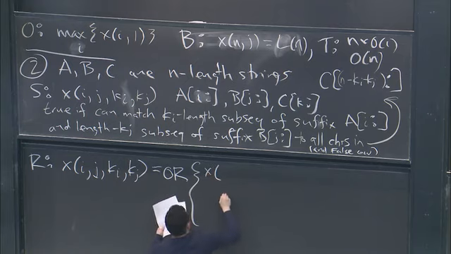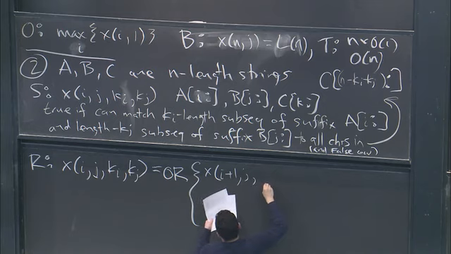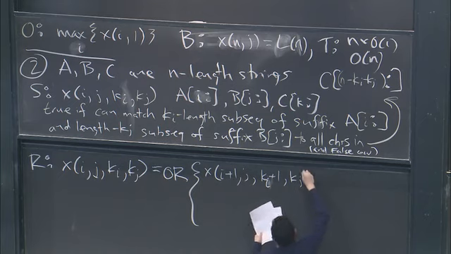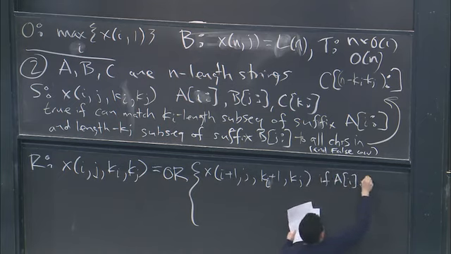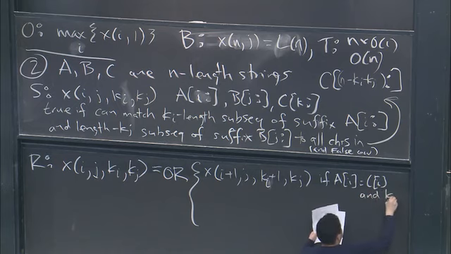So if I match with A, i plus 1, I recurse on a smaller suffix of A, and by adding, oh, this all just works. Great. Kj, this is i. If Ai equals Ci and ki is greater than 0, right?